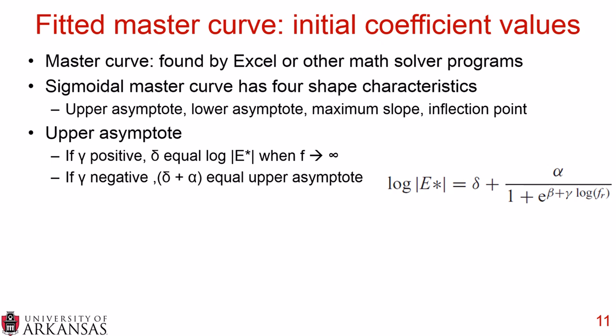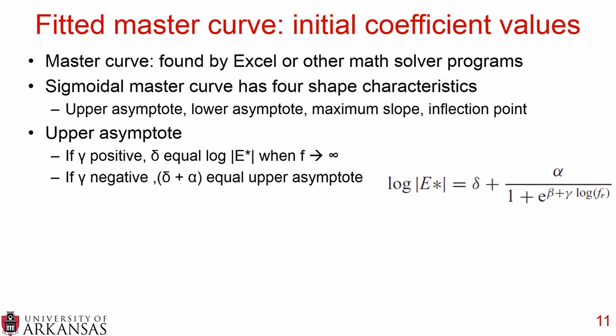That makes sense because in that equation, as the frequency goes to infinity, the denominator goes to infinity. As that denominator goes to infinity, alpha over infinity equals essentially 0. So you have your asymptotic value. It never reaches 0, of course, which is why it's an asymptote. That is why, if gamma is positive, delta equals the log of the dynamic modulus when the frequency goes to infinity.